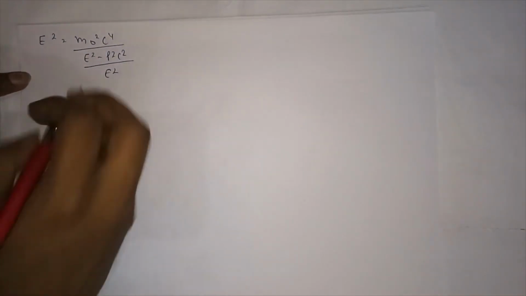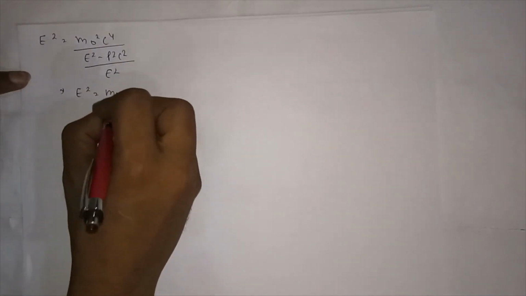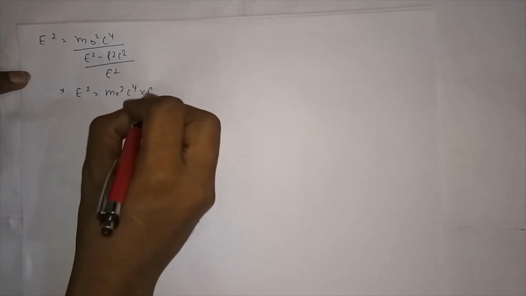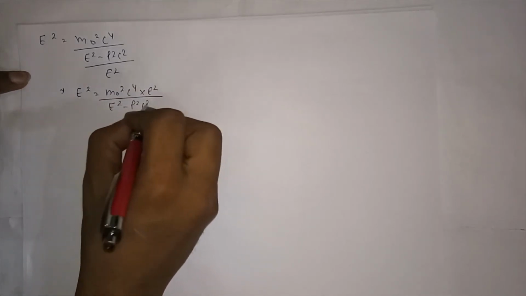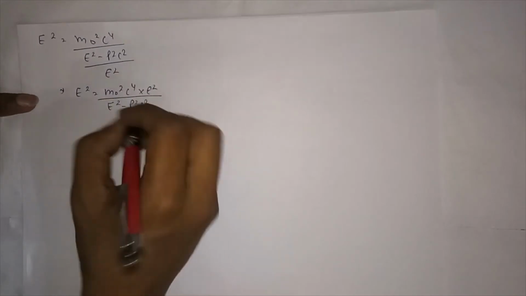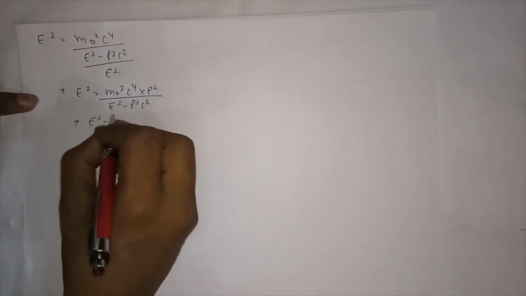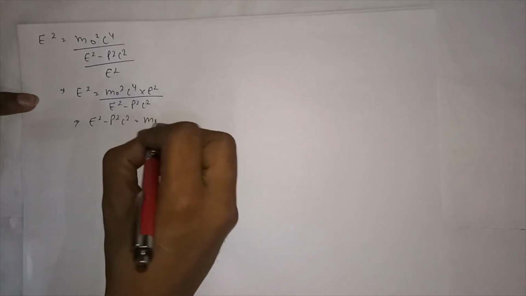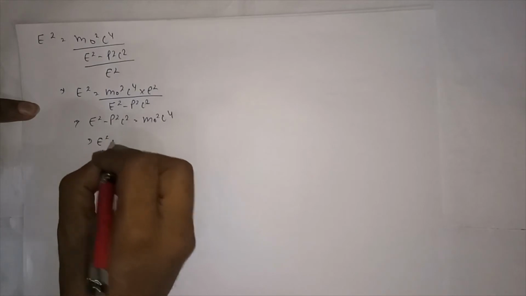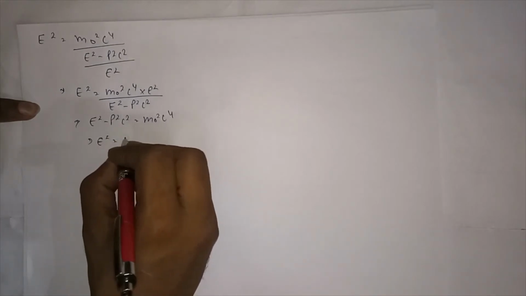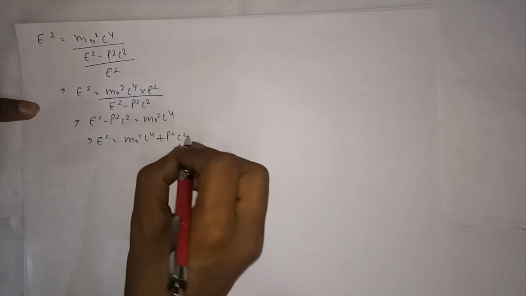Okay, implies E square equal to m naught square c to the power 4 into E square upon E square minus p square c square. Now E square cancel out each other, and we will be left with E square minus p square c square equal to m naught square c to the power 4, implies E square equal to m naught square c to the power 4 plus p square c square.